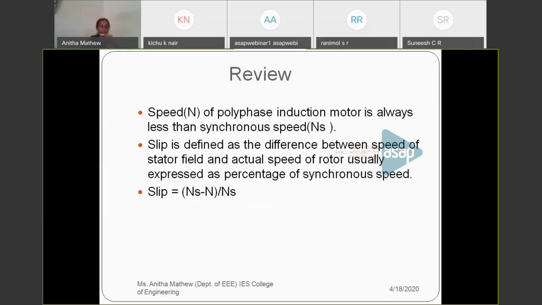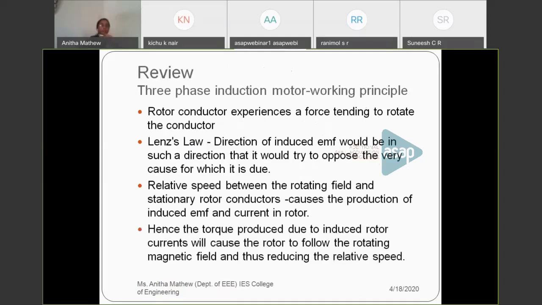The rotor speed is expressed as N. This slip is the difference between the synchronous speed and the rotor speed, but expressed in terms of synchronous speed. So the equation becomes slip equals Ns minus N by Ns. This is the basic we have to know about the three-phase induction motor before getting into the induction generator.